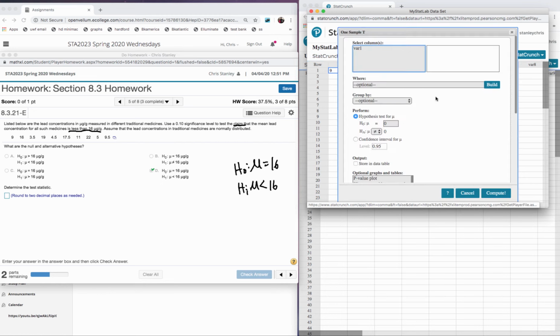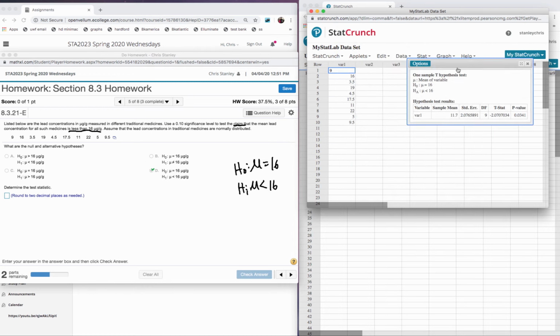And in this case, we have the data, so you're going to just click data. Okay, I have my data in variable 1 over here. This should match part A. So 16, and is the lead level less than 16? And that's it. Compute, it'll run the test.